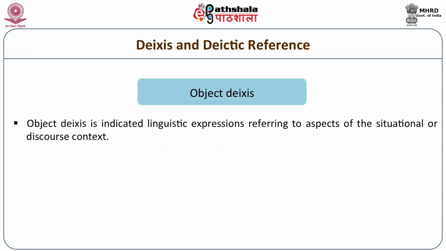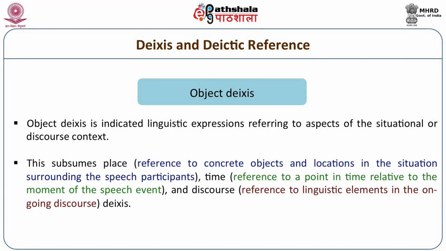Object deixis is indicated in linguistic expressions referring to aspects of the situational and discourse context. This subsumes place, that is reference to concrete objects and locations in the situation surrounding the speech participants; time, reference to a point in time relative to the moment of the speech event; and discourse, reference to linguistic elements in the ongoing discourse.